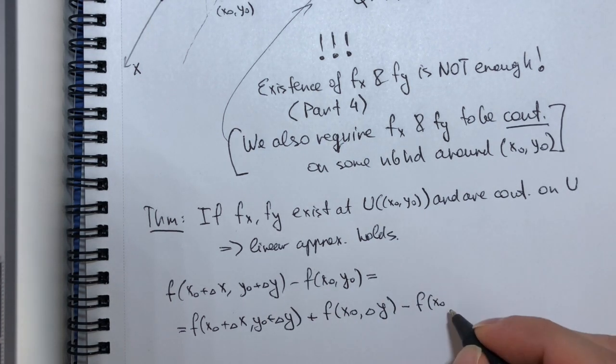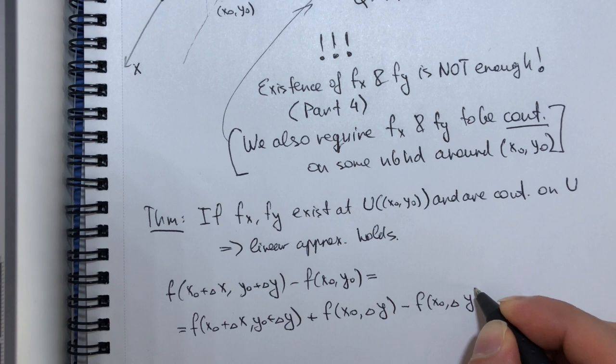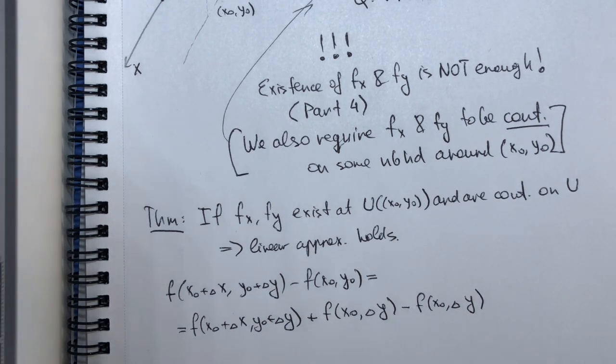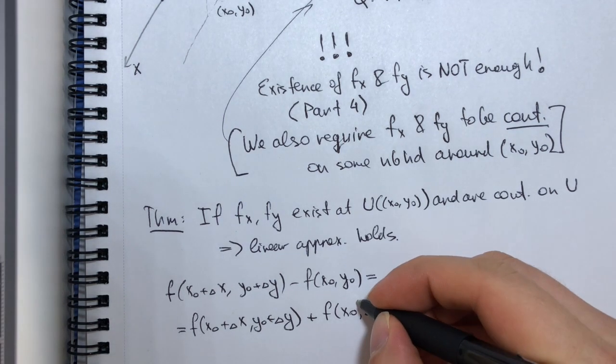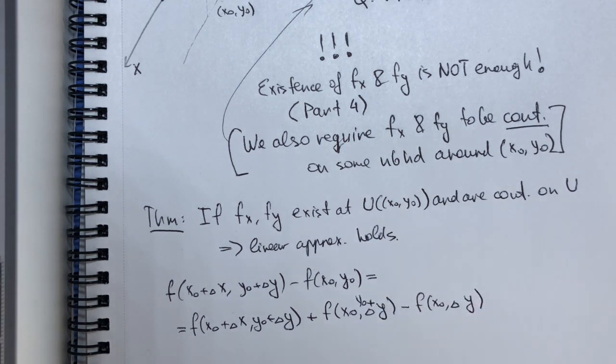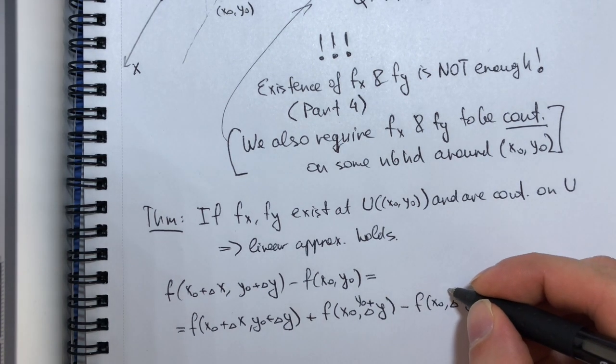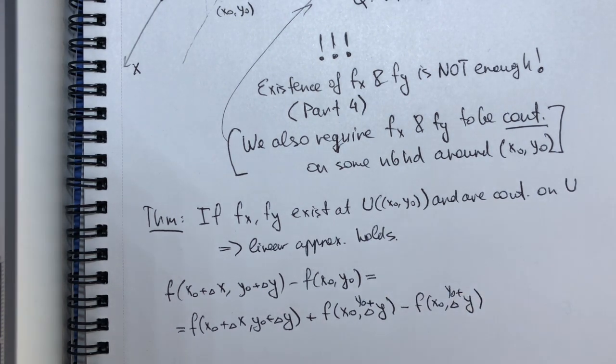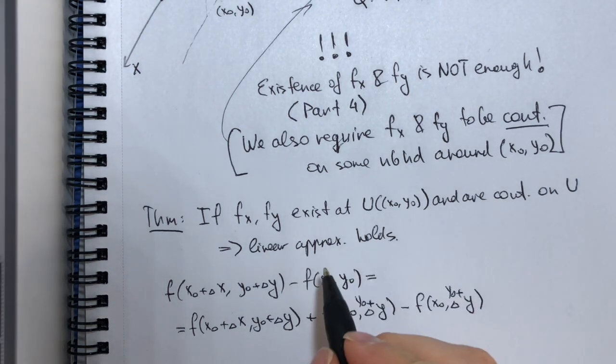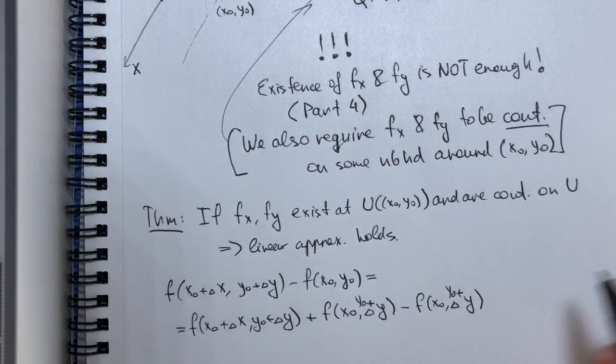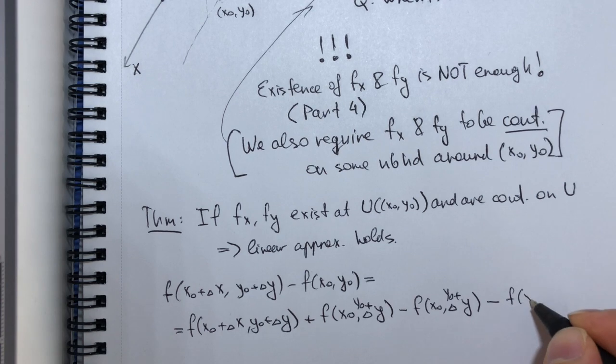It will not be an equality. So I add it, then I subtract it. Sorry, so of course, here I mean y naught plus delta y. And then I do not forget about my last term.